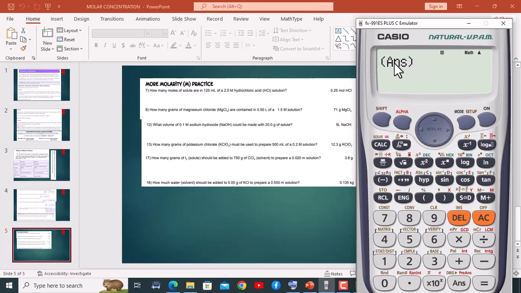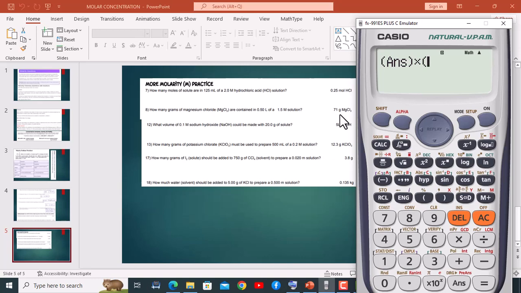So I know mass is equal to the number of moles multiplied by the molar mass, the weight of magnesium chloride.